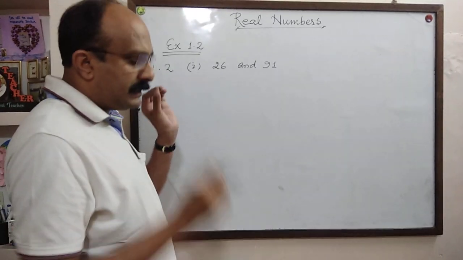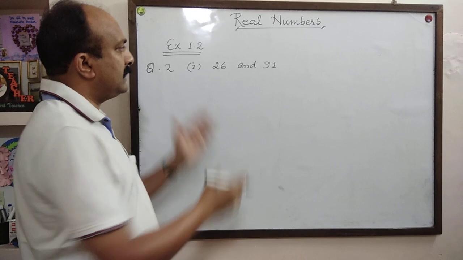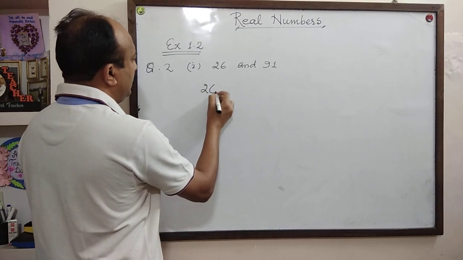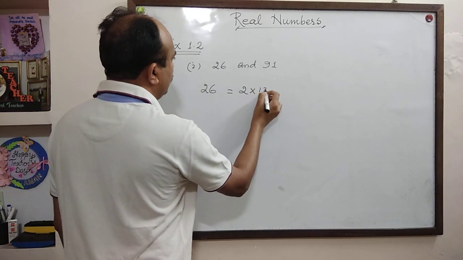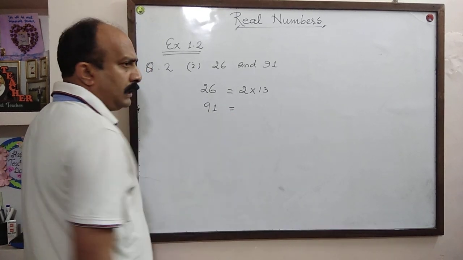In order to find the HCF and LCM, the only thing that we have to do is the prime factorization of both the numbers. 26, it's oral, can be written as 2 into 13. 91 is also oral.